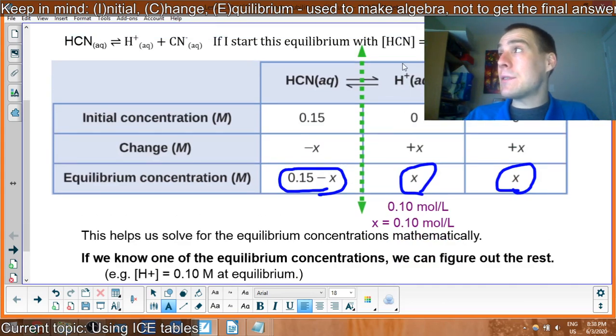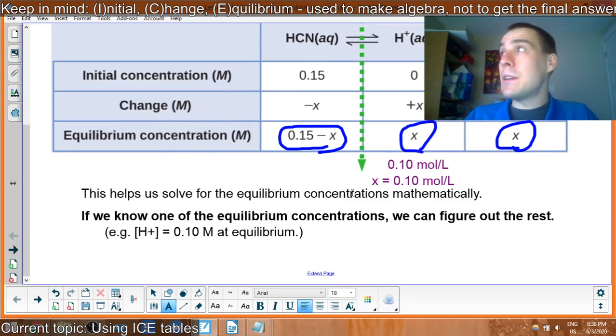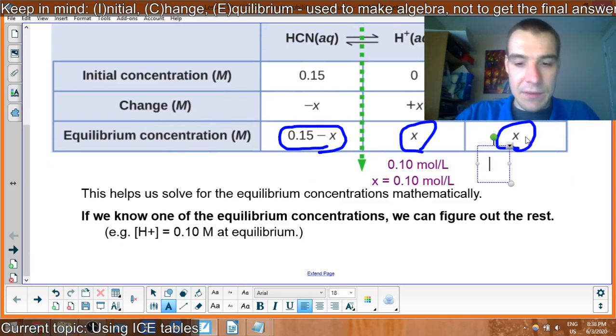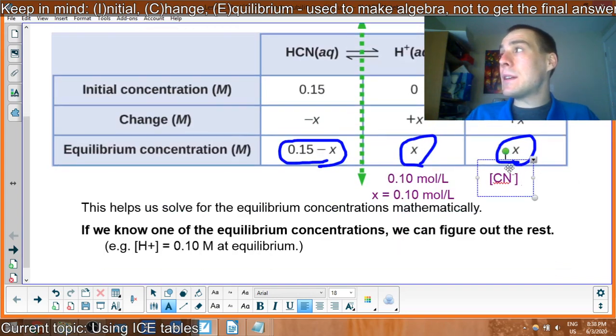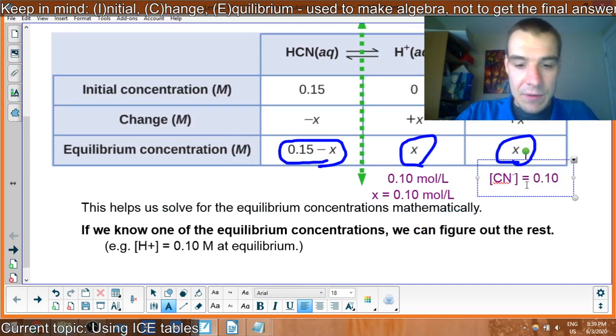And if the concentration of H+ is found to be 0.10, then x is 0.10, which means this side here is also going to be 0.10, right? I didn't measure the concentration of cyanide, but using my math, I know that it's the same, because it was also 0 plus x. So the same expression, same value, 0.10 moles per liter.